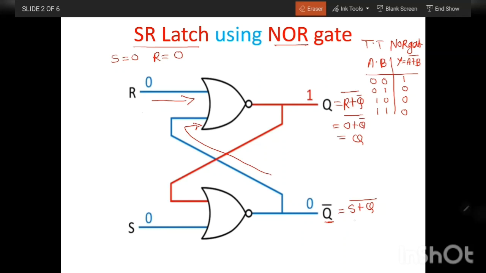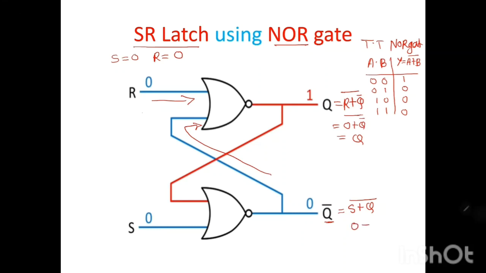Here S is equal to 0 plus Q whole bar, means Q bar. Therefore, when your inputs are 0, there is no change, the output remains as it is.